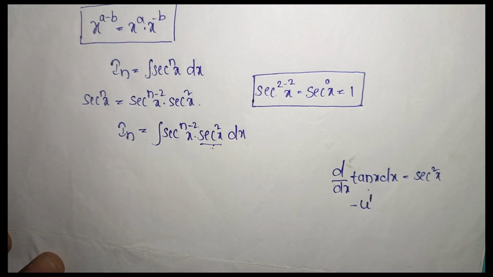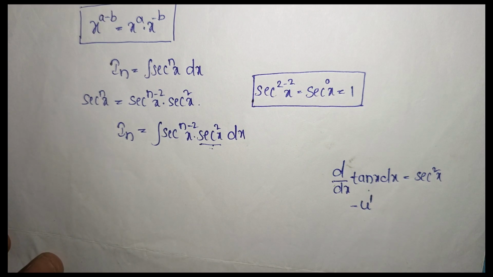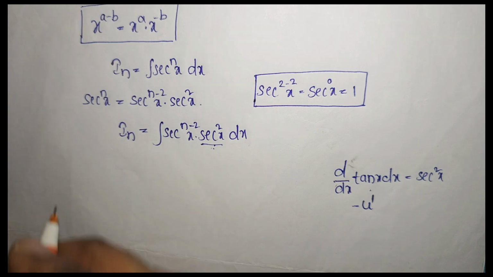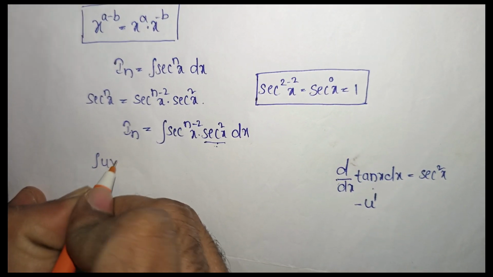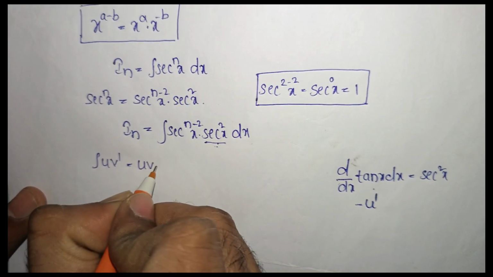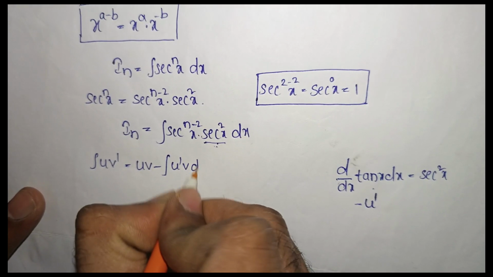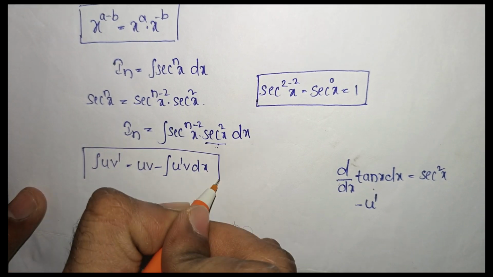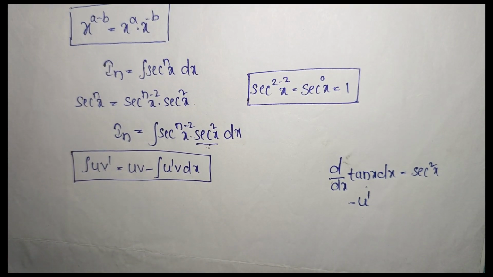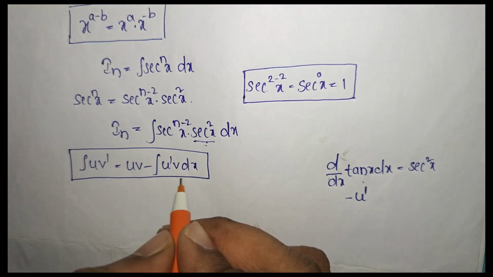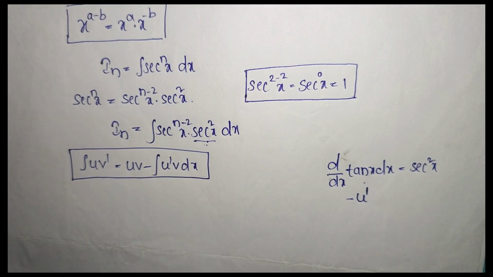If the derivative is multiplied by another function of the variable, then we use the formula: the integral of u v dash equals u v minus the integral of u dash v dx.